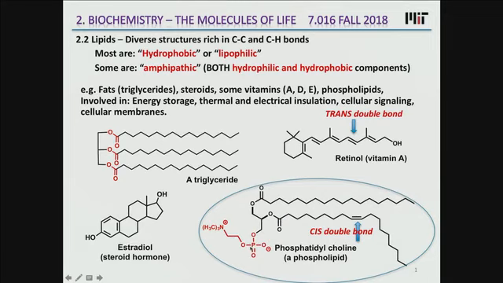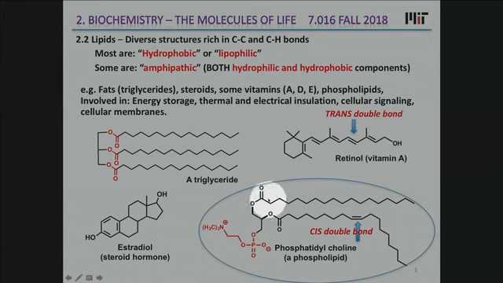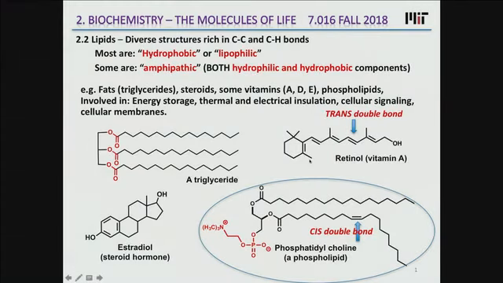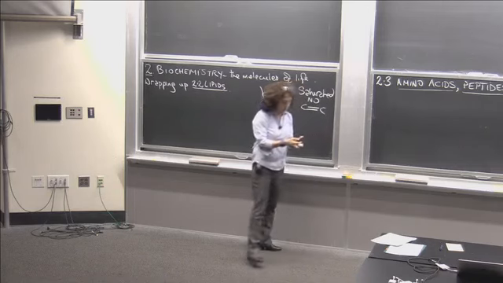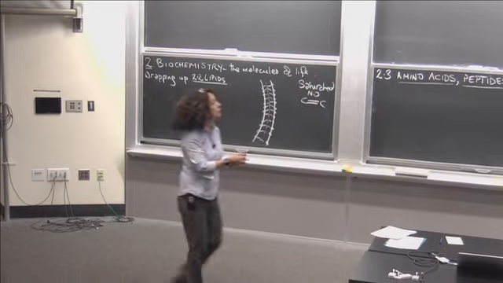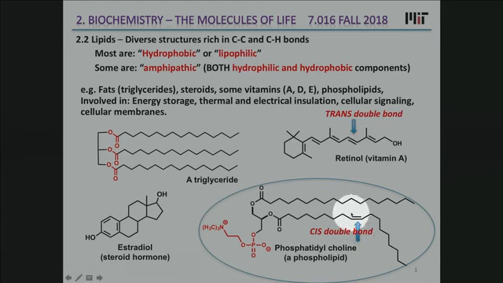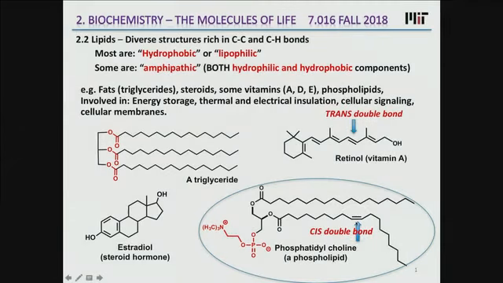In those fatty acids, they could be fully saturated. It means they have no double bonds in the structure. So that term saturated is equivalent to no double bonds. So no carbon-carbon double bonds, or they could be unsaturated, where there is a double bond within it.